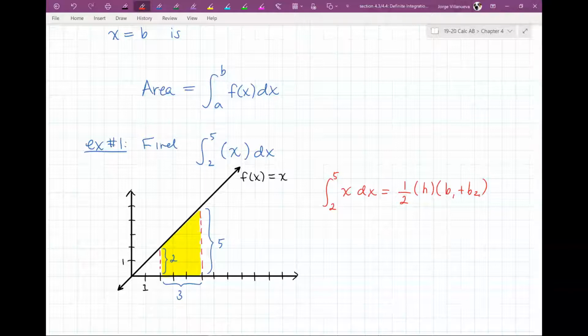But in our case right here, I gave you an actual function. Now we know the height is 3. And one of the bases is 2, and the other base is 5. So it's 1/2 of 3 times 7. So this will be 21 over 2.